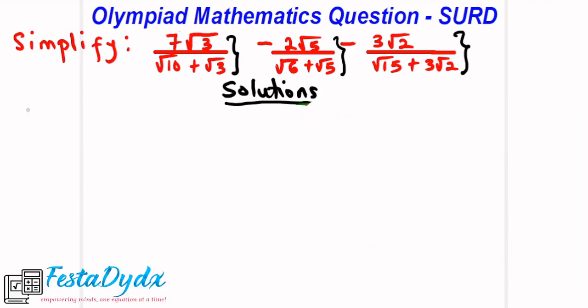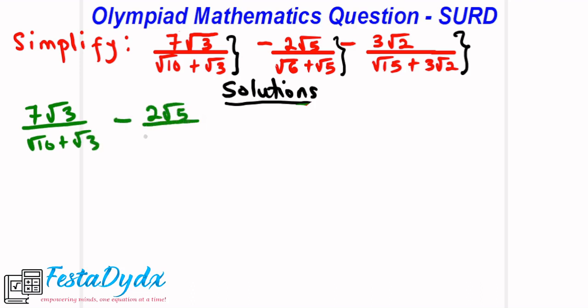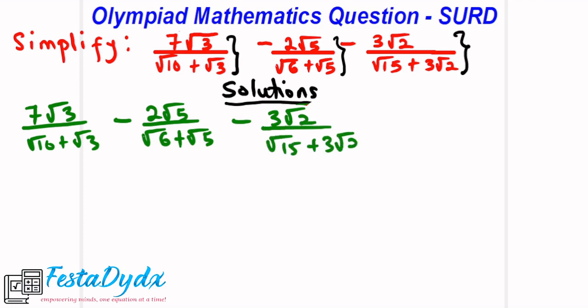So judging from the question, 7 root 3 all over root 10 plus root 3 minus 2 root 5 all over root 6 plus root 5 minus 3 root 2 all over root 15 plus 3 root 2.